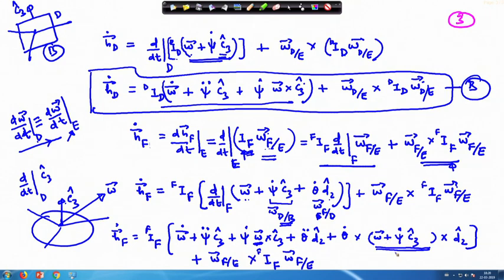So, this part is nothing but your omega frame d with respect to frame E. Here this is not a cross product, here just we have written it like this.